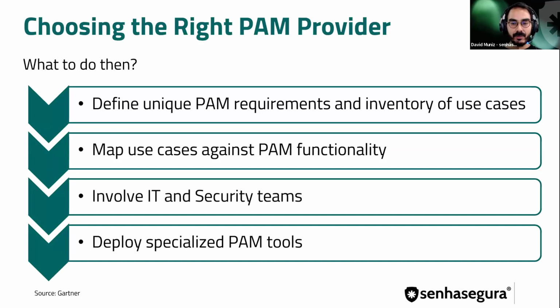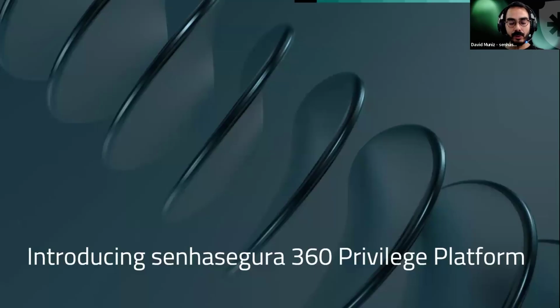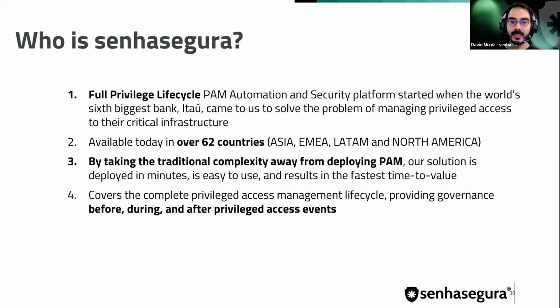Now that we've covered the challenges and also what you should consider to choose your PAM provider, I'm going to introduce the senhasegura 360 Privilege Platform. And who is senhasegura? senhasegura is currently available in more than 62 countries across all continents. And we believe that by taking the complexity out of PAM, our solution is able to be deployed in minutes with easy use and the fastest time to value.